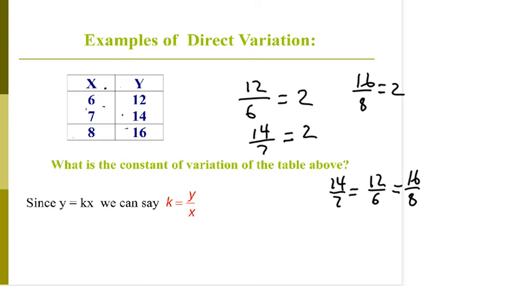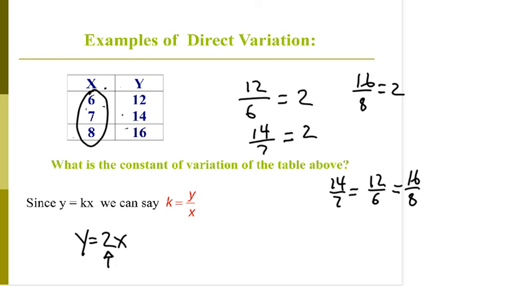So 2 times x would give us y, or y equals 2x. So we can think about it as our constant is 2. We can express our direct variation either as y equals 2x or 2 equals y over x.